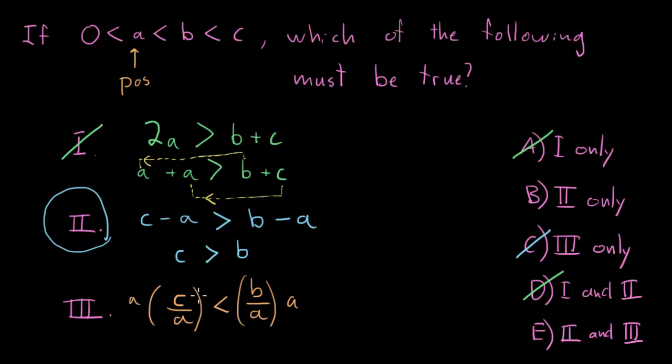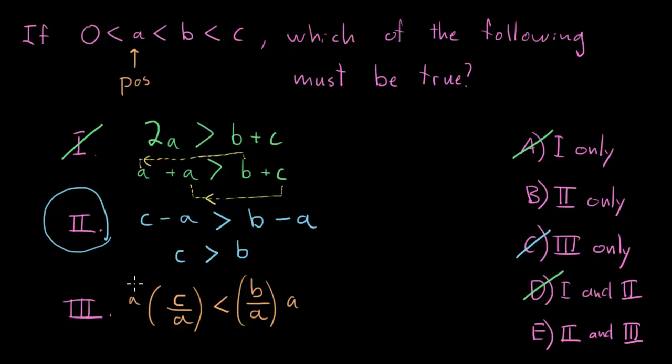We'll make some other videos about why it's so important to know that a is positive. But in brief, for inequalities, recall that if you multiply both sides of an inequality by some negative number, you flip the direction of the inequality sign. And if you multiply both sides by a positive, you don't.